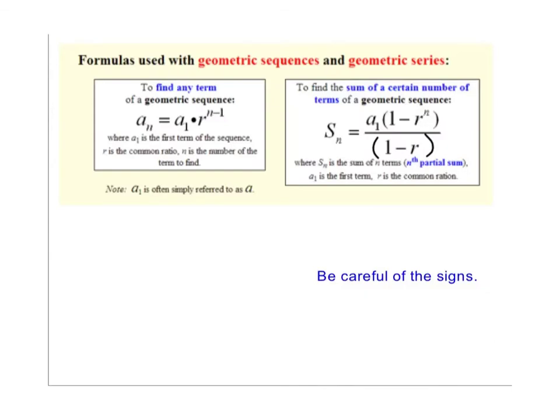Here are the formulas used to find geometric sequences and series, and one thing I'd like to point out is to find any term, a sub n equals a sub 1 r to the n minus 1. Looks very, very similar to an exponential problem where this is the initial value, r is the rate, and then the exponent is time.